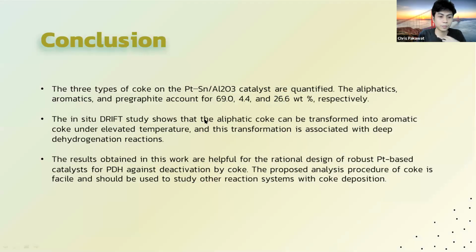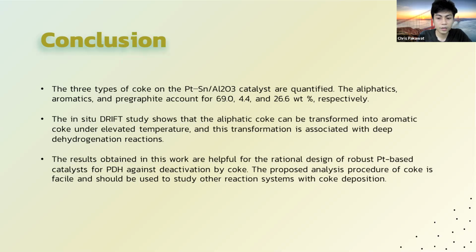Conclusion. The study shows that aliphatic coke can be transformed into aromatic coke under elevated temperature. And this transformation is associated with dehydrogenation reactions. The results obtained in this work are helpful for the rational design of robust platinum-based catalysts for propane dehydrogenation against deactivation by coke.